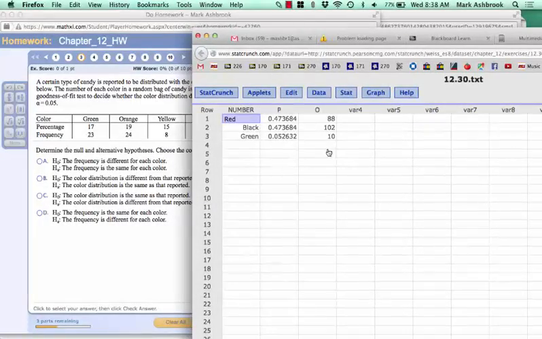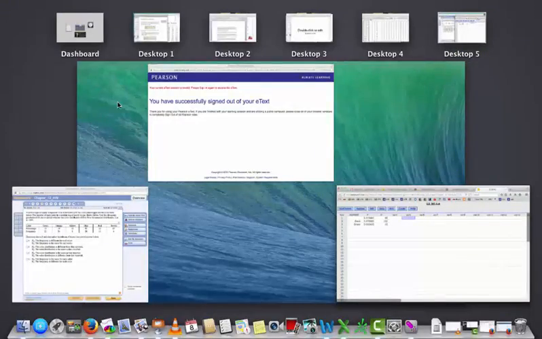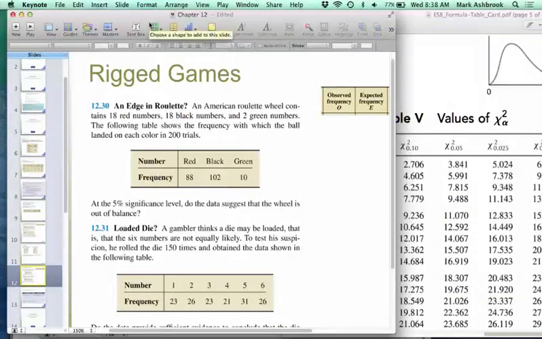There we go. So let's try it over here in variable 5. So let's do the frequencies. What were the frequencies for red, black, and green? Hopefully someone wrote them down. 88, 102, and 10.